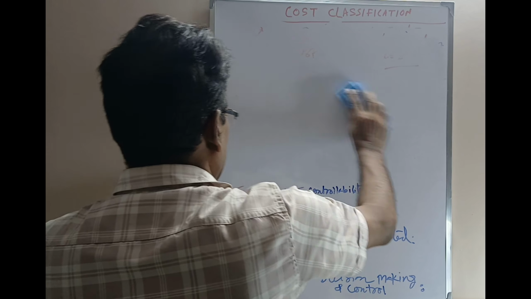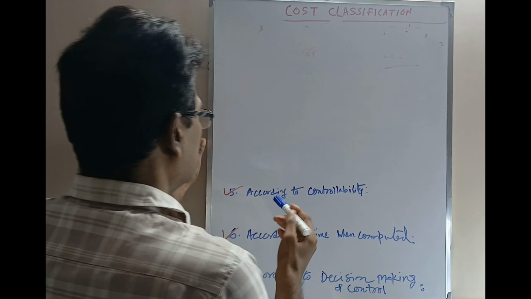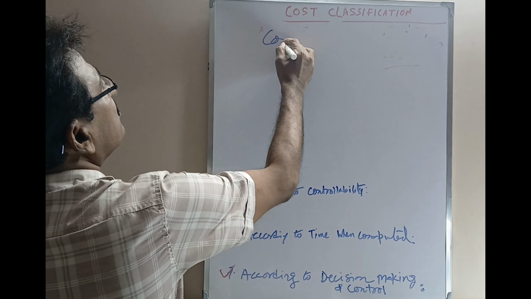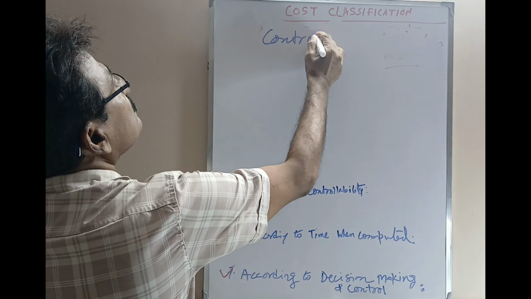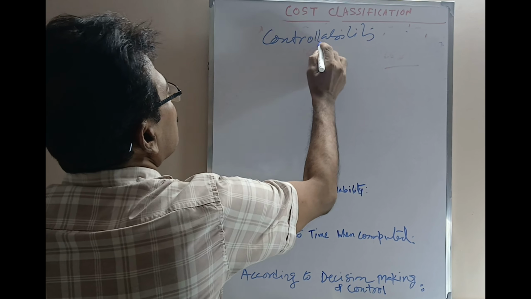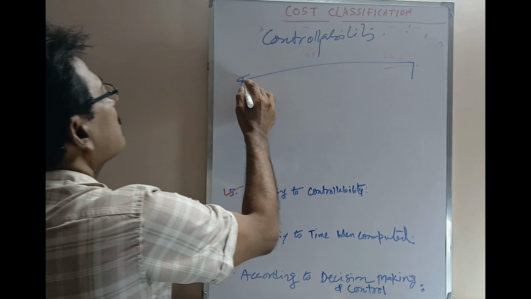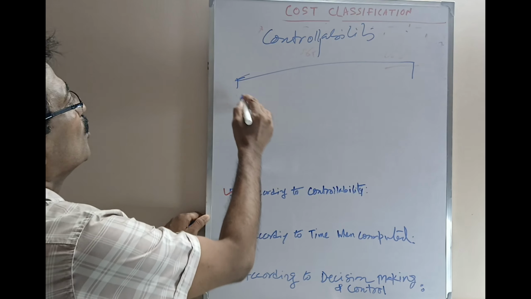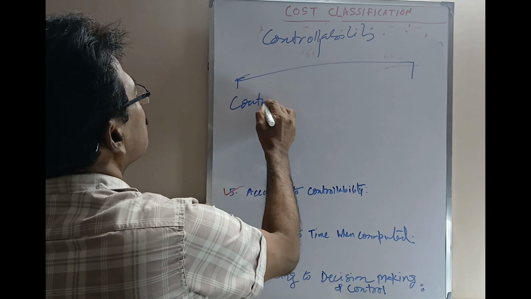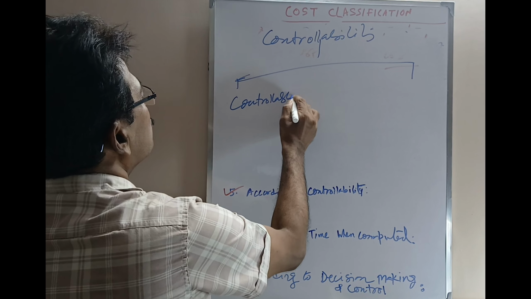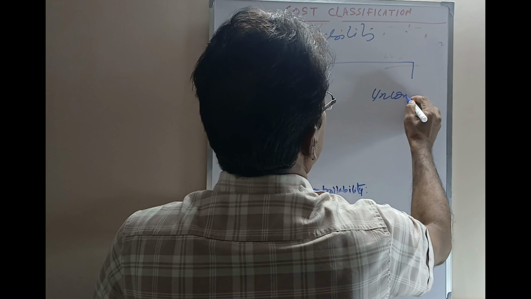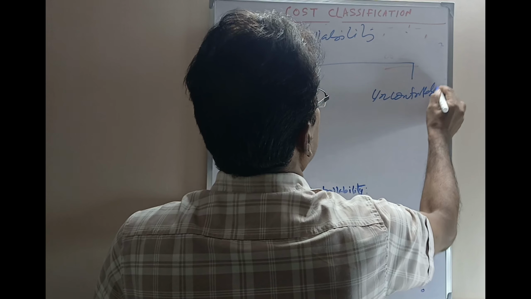Now I am coming to controllability. According to controllability, costs again can be divided into two. One is controllable cost, another one is uncontrollable cost.